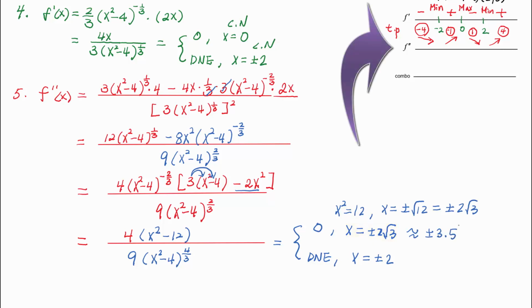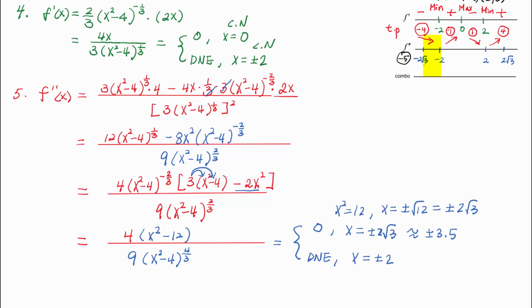Let's go back to our sign graph. So my possible inflection points are -2 and +2 and -2 rad 3 and 2 rad 3. We need to now pick a test point. My test point is going to be out here. Any number less than -2 rad 3, I'm going to pick -5.